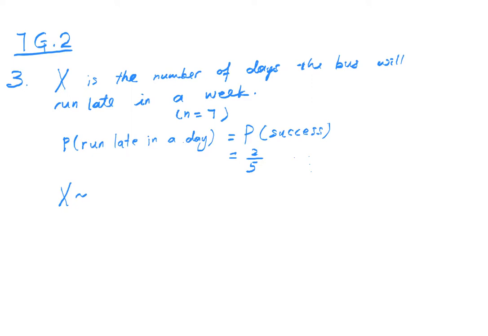So I'm not going to find a probability yet. You have to understand the question fully first, so that whenever I change the question, you will know what to do, what to pick up first. Okay, so X is a binomial distribution. The n is equal to 7, and the probability of running late in a day is 2 out of 5, that is 0.4. So it's easier for us to key into the calculator later on.